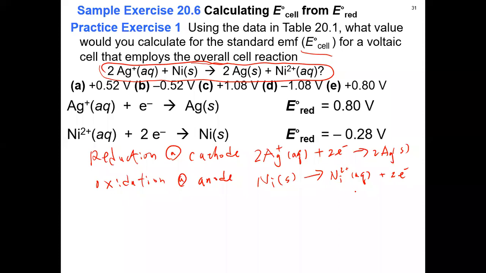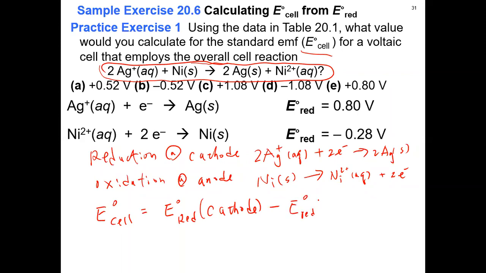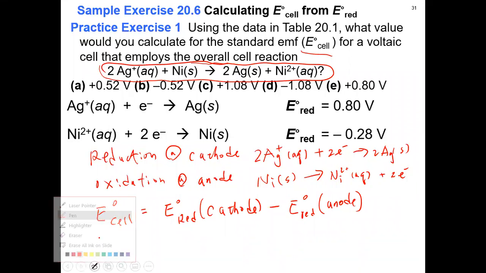Then our formula to calculate E naught cell equals E naught reduction of the cathode minus E naught reduction of the anode. So this number here is just a notation, matching what you see from the table.